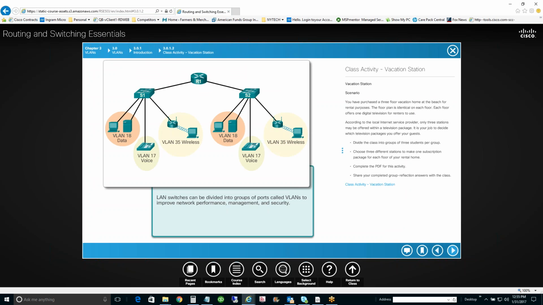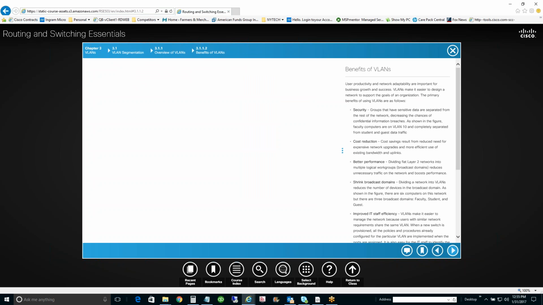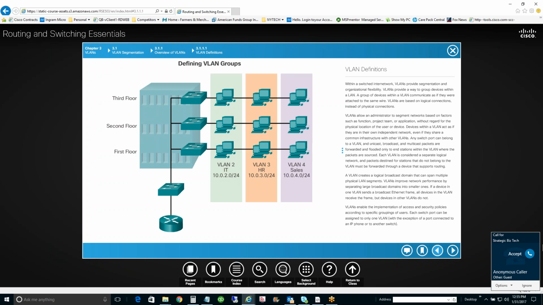Okay, Chapter 3. VLANs. VLANs are a way for administrators to segment networks based on factors such as the function of the specific clients on the network, or for a particular project team or an application, without regard to the physical location of the user or device.